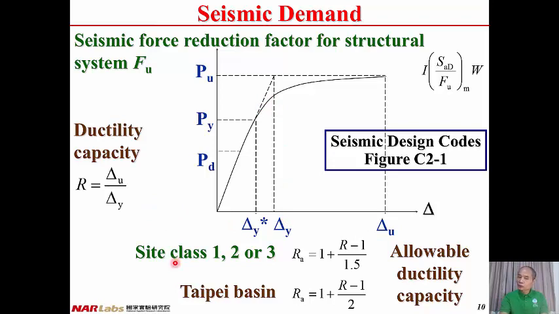For site class 1, 2, or 3, the allowable ductility capacity Ra equals 1 plus (R minus 1) divided by 1.5. For Taipei Basin, the allowable ductility capacity Ra equals 1 plus (R minus 1) divided by 2. This figure is taken from the Seismic Design Code, figure C2-1.